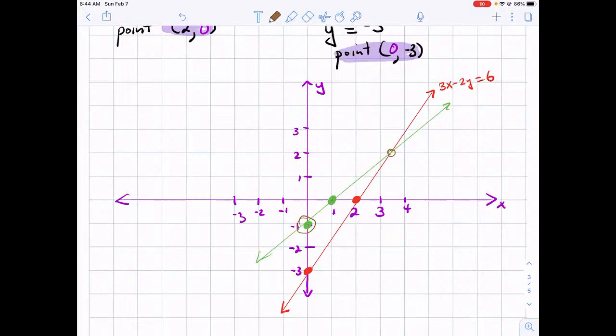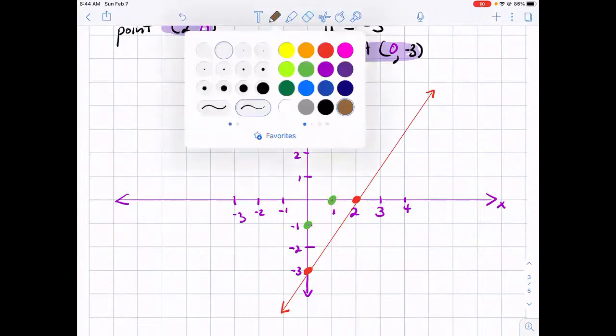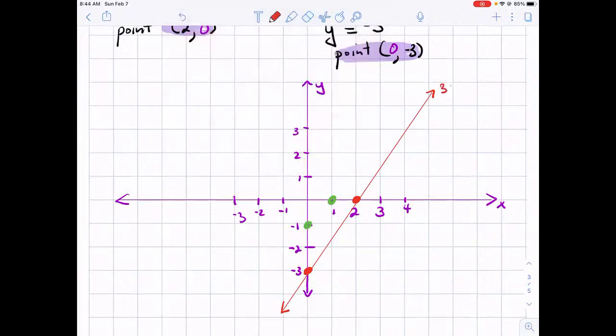So if I redraw my graph, let's erase my green line. I'm going to write back the equation of the red line, which is 3x minus 2y equals 6.